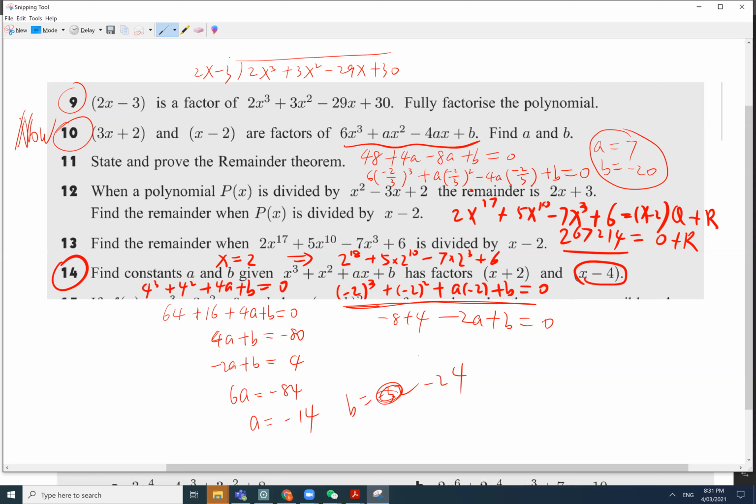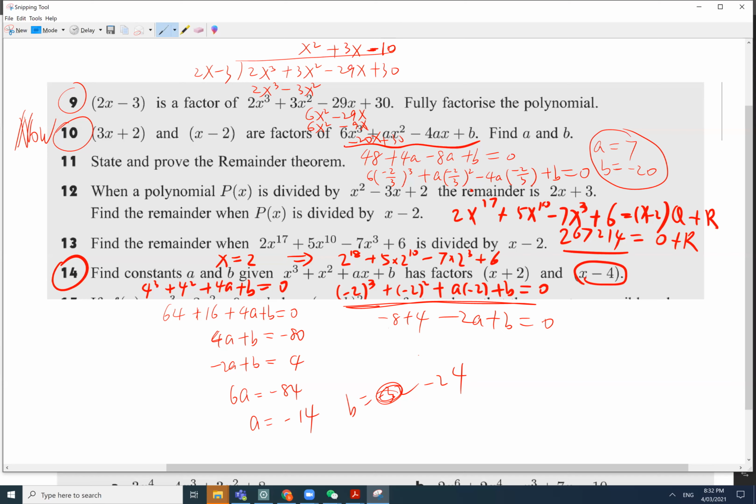Divide, huh? x squared, 6x squared plus 3x, negative 20x, minus 10.